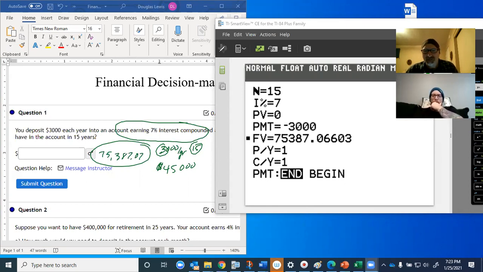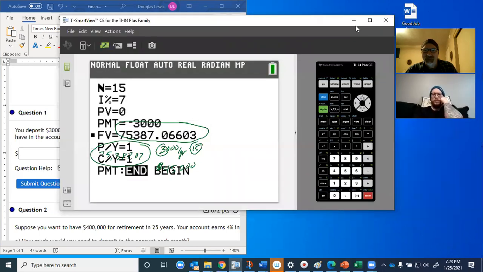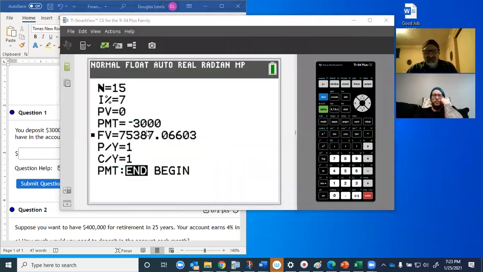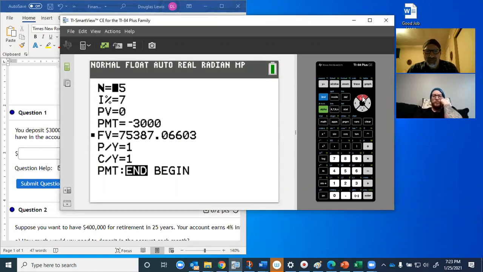Now, what if we spent, instead of 15 years, this is what's really nice about these programs, you can so quickly change things. What if we put it in there instead of 15 years, making 75,000, what if we put it in for 30 years? Okay. So I'm going to punch in 30. And before you try and get the answer, that's twice as long.